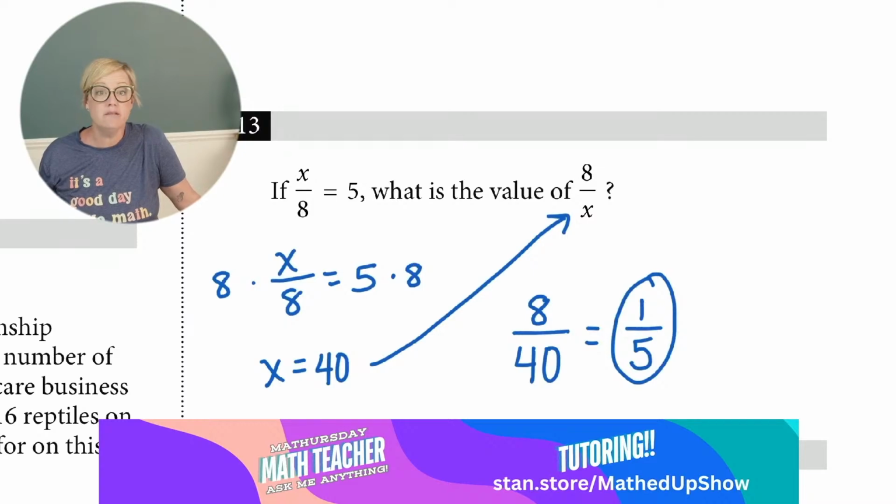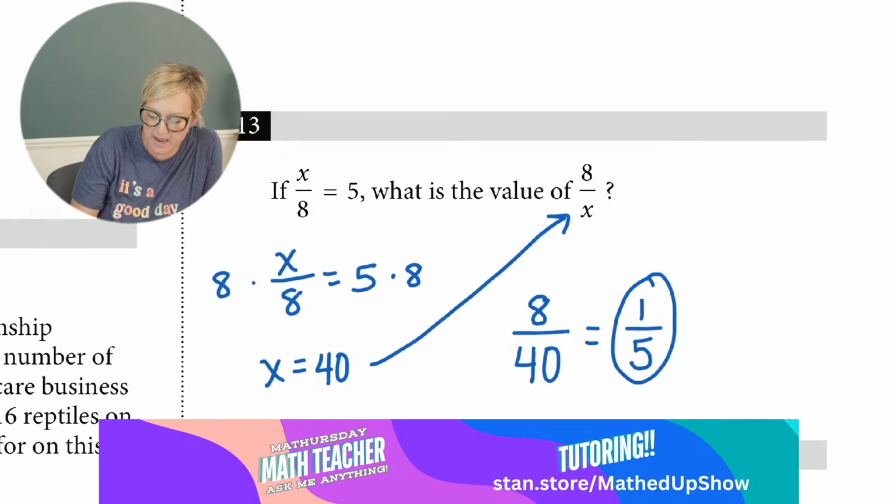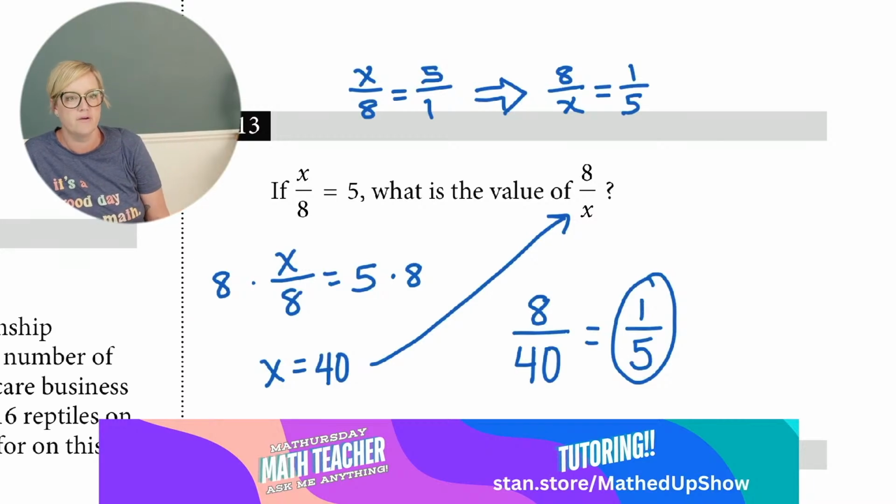I mean, you could absolutely do a reciprocal. If you've got x over 8 equals 5 over 1, you could flip both of them: 8 over x equals 1 over 5. Totally, you could definitely work it out that way.